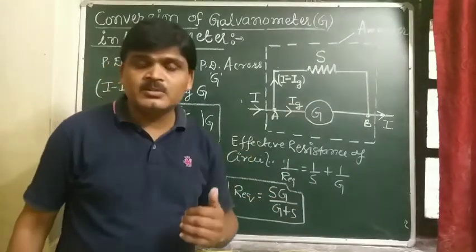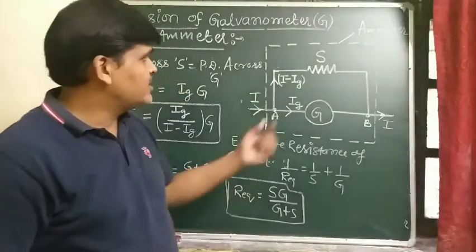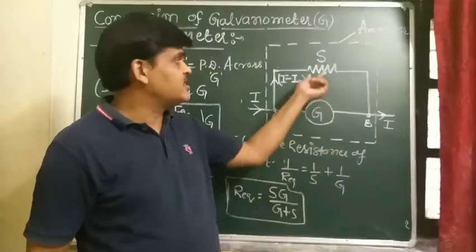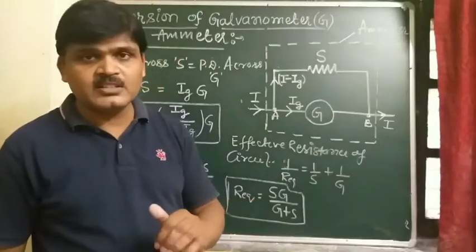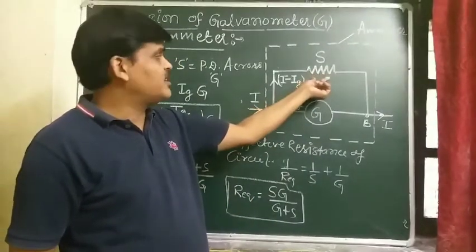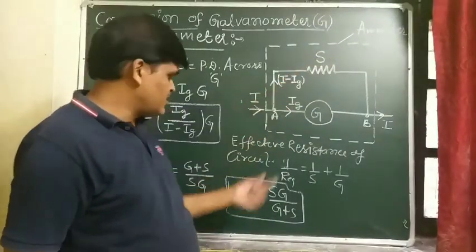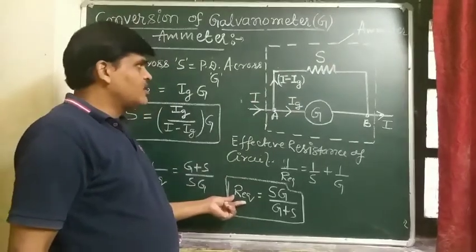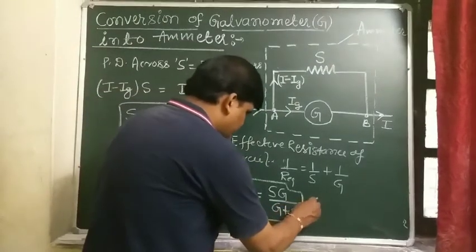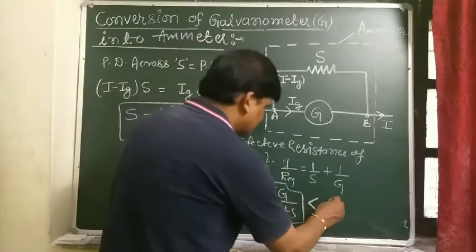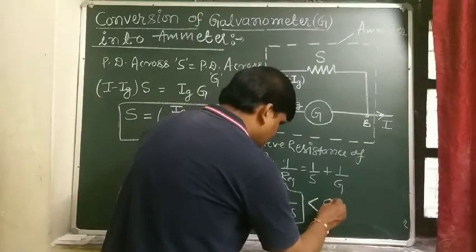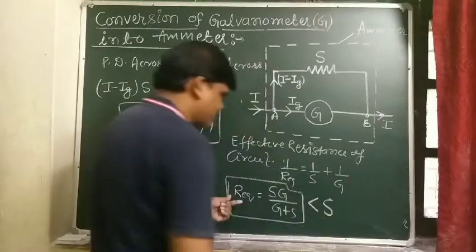And you know that, student, in a parallel combination the equivalent resistance is less than the smallest resistance in the circuit. Here the smallest resistance is the shunt resistance. So the equivalent resistance, meaning the ammeter resistance, comes out to be less than the low resistance, the shunt resistance.